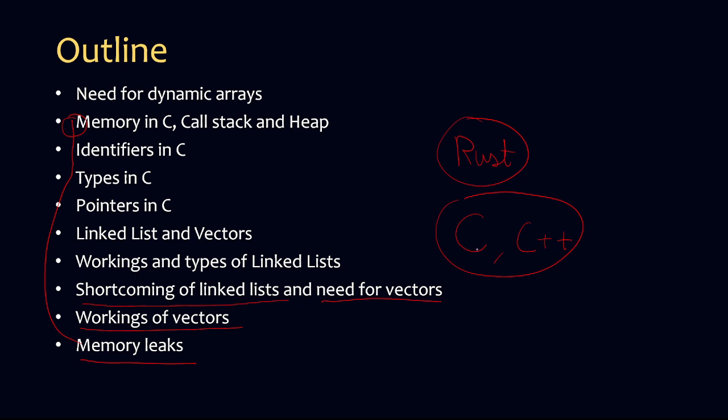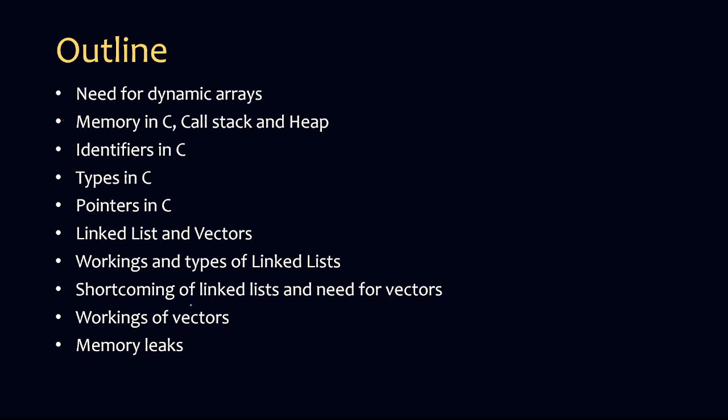And we'll again discuss that in the future. So this is the basic outline of the course. And one of the first topics that we are going to discuss is the need for dynamic arrays and memory in C.